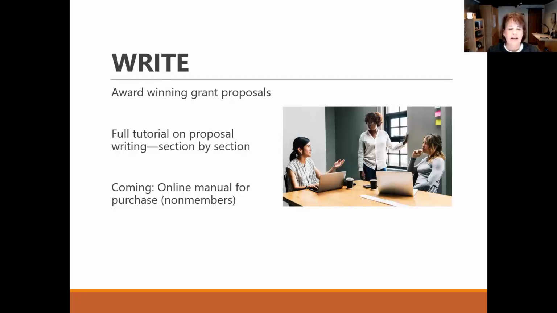In the future, we might be creating an online manual for our non-members to get a hold of. Right now, we do have some online courses that non-members can take. If you're a member, you get that in the tutorial section as part of your membership. So I think that's the direction we're probably going in the future.